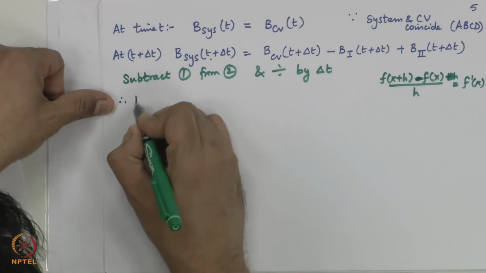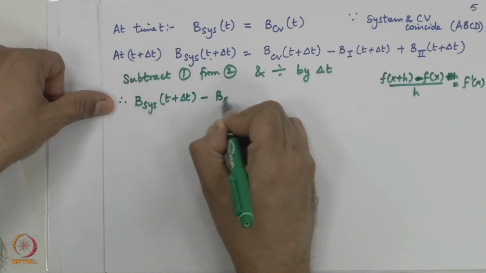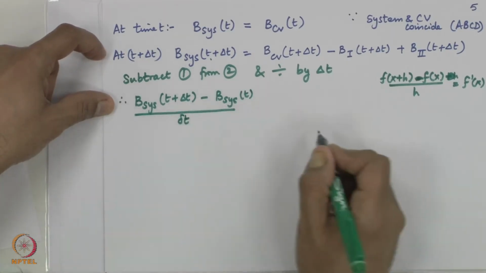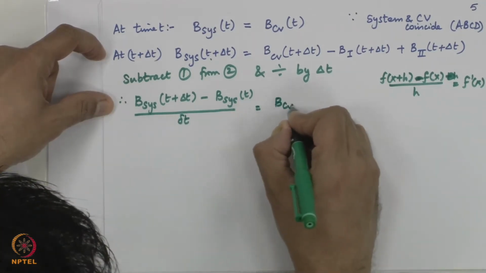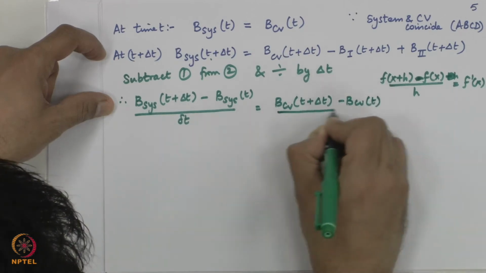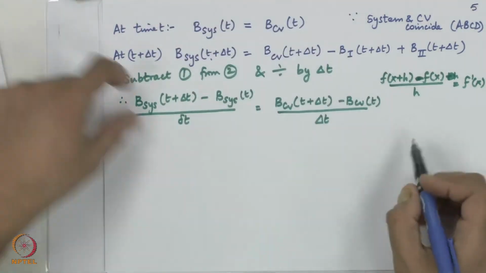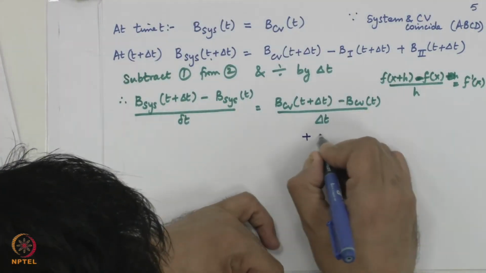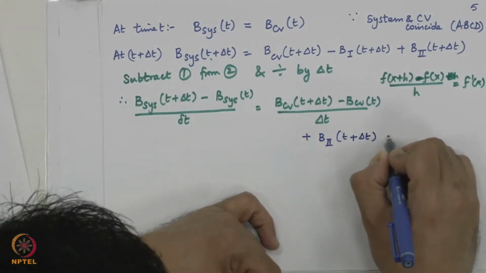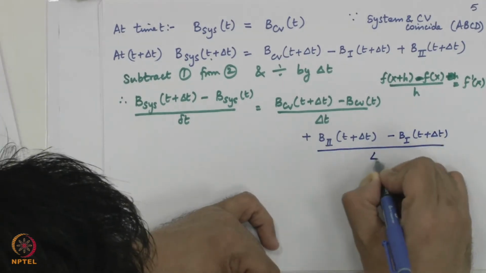So therefore I write B of system at t plus delta t minus B of system at time t, divided by delta t, is equal to B control volume at t plus delta t minus B control volume at t, divided by delta t, plus B2 at t plus delta t minus B1 at t plus delta t, divided by delta t.